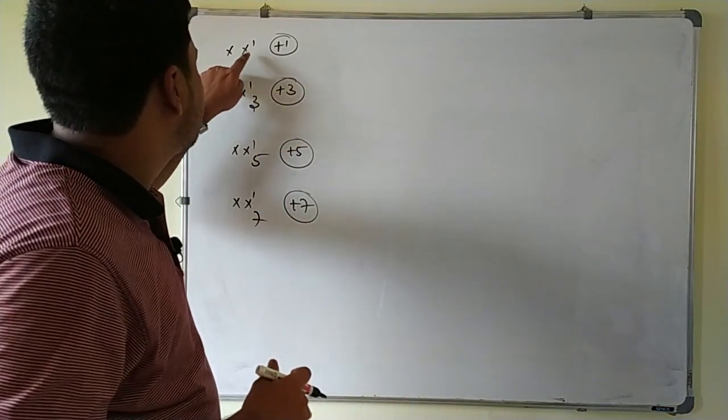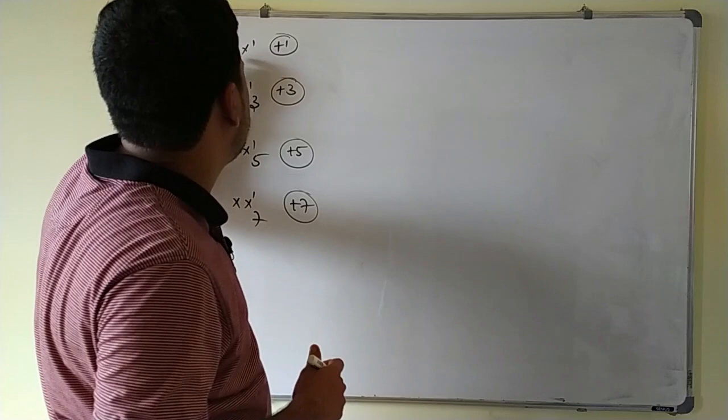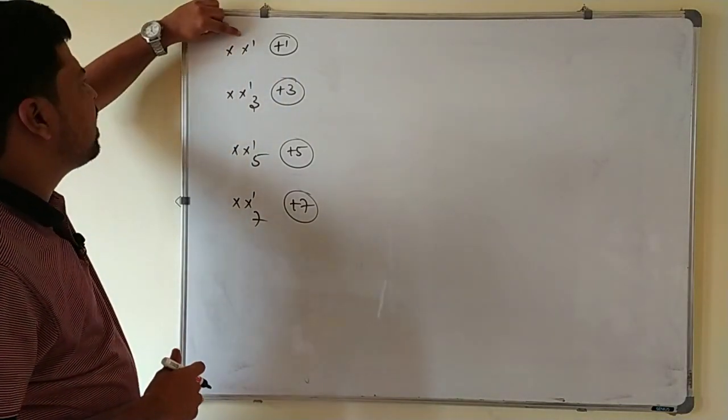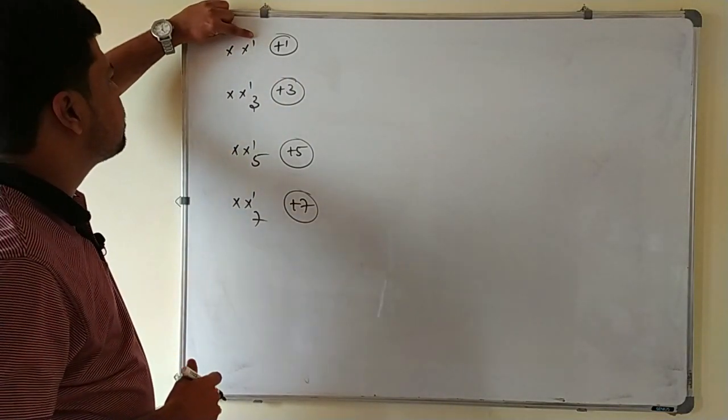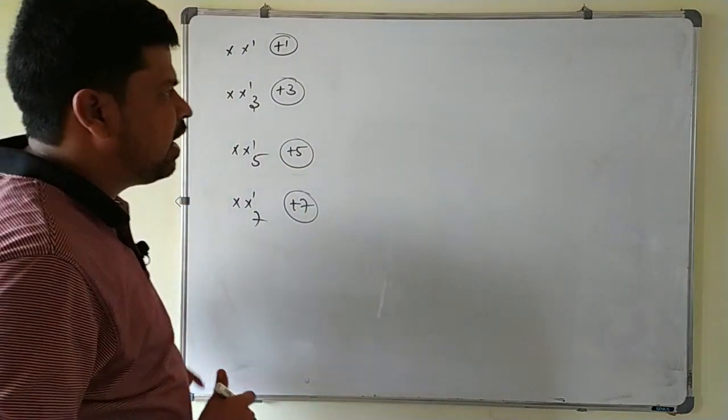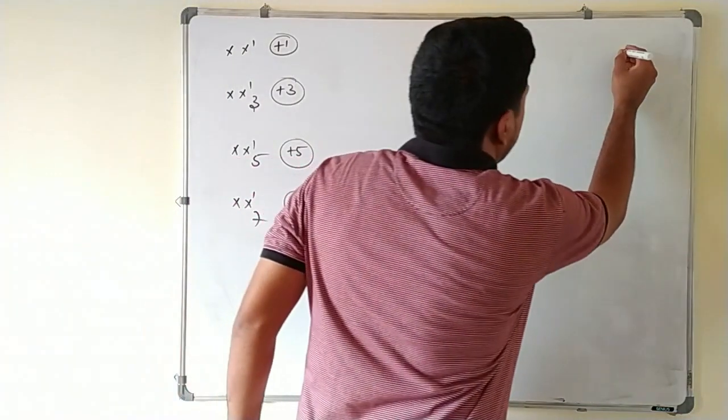Now in the case of XX', X is one halogen and X' is another halogen. X' is more electronegative and X is less electronegative.